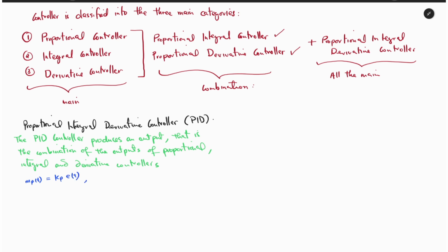For the integral, we can say MI(t) equals KI times the integral from 0 to infinity of e(t) dt. KP, KI and KD are the constant gains of these controllers. And the final one is the derivative controller, where we have MD(t) equals KD d/dt e(t). So those are our initial or the main controllers.